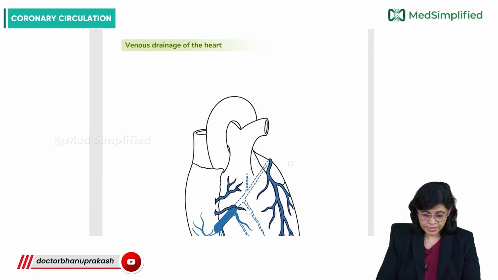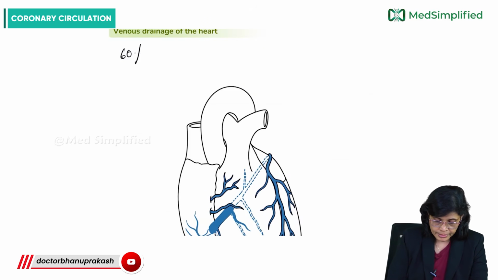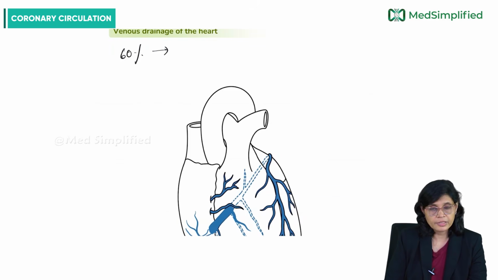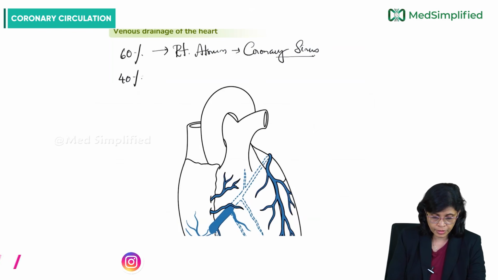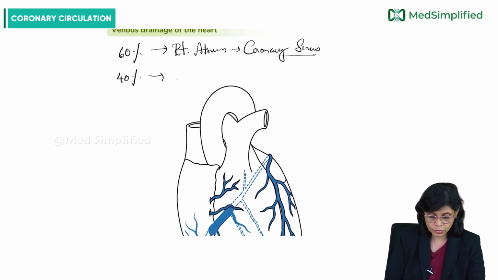Next, coming to the venous drainage of the heart. About 60% of the venous drainage of the heart is mainly to the right atrium by the coronary sinus. The remaining 40% drains into different chambers of the heart through two things.